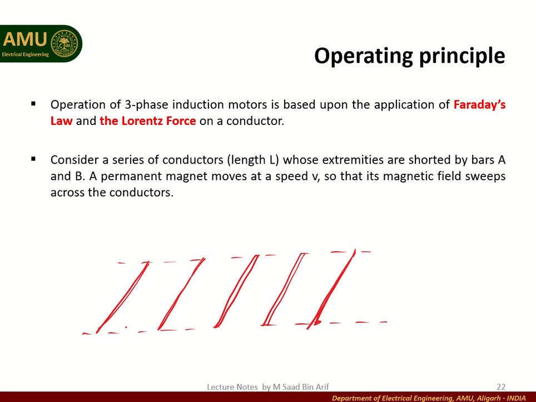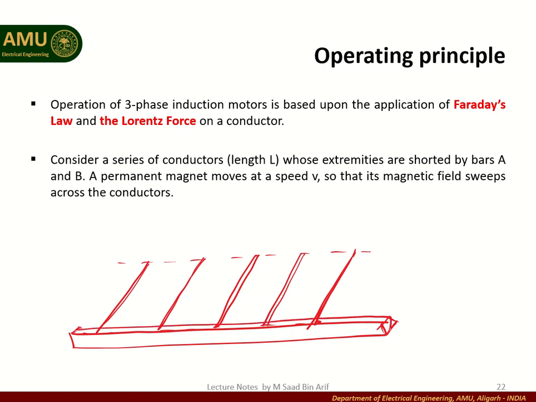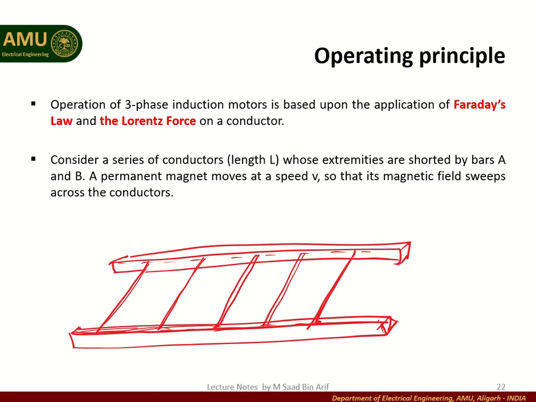Now the end point of each conductor is shorted by a bar type of structure, for example, like this. Similarly, here also we use another bar in order to short these conductors. Okay.